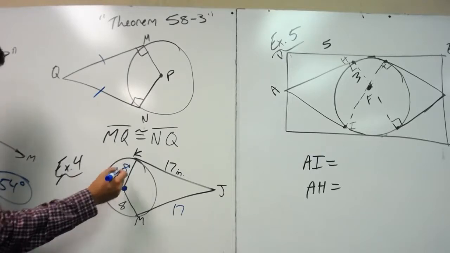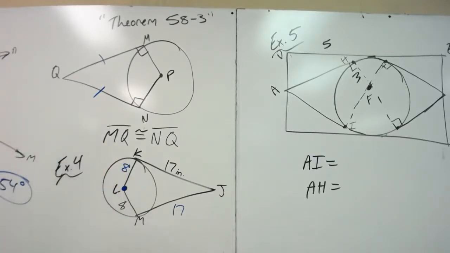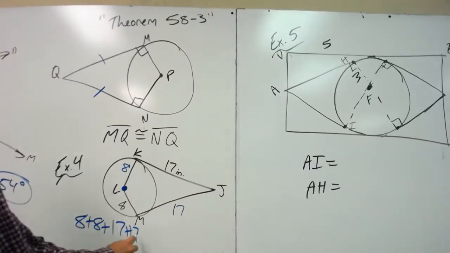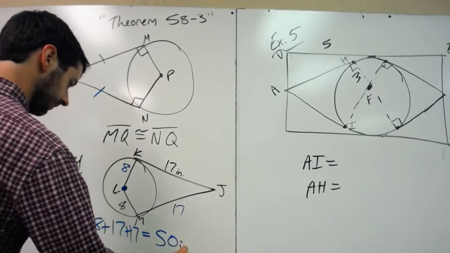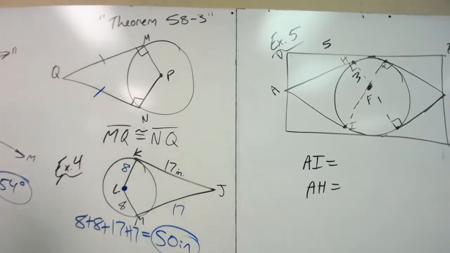It goes from a center to an endpoint. So now we know all the sides of the quadrilateral. We add them all together, and we would get 50 inches for our perimeter. And so that's an example of how you would use Theorem 58.3.